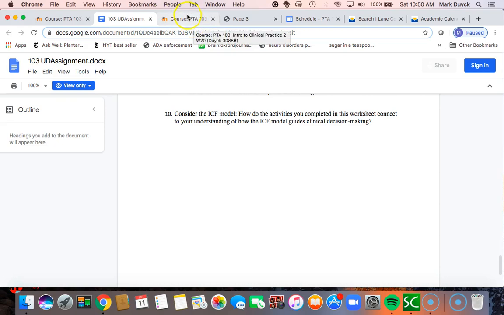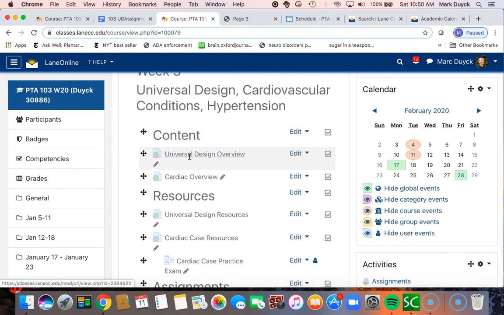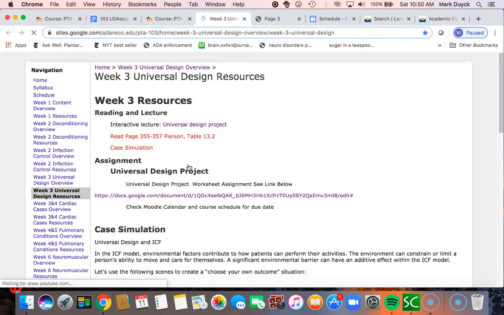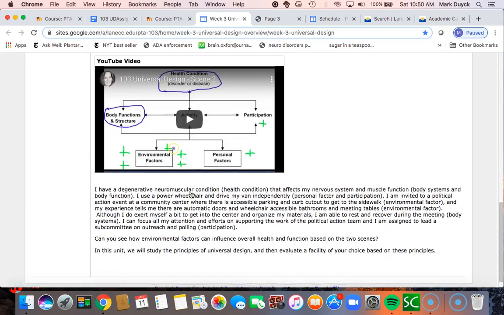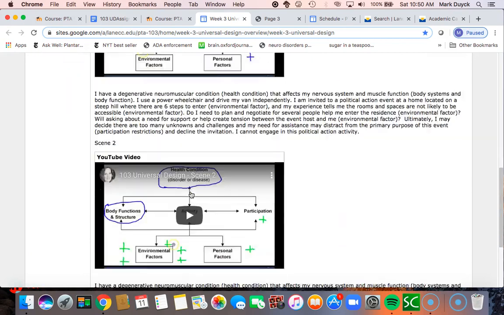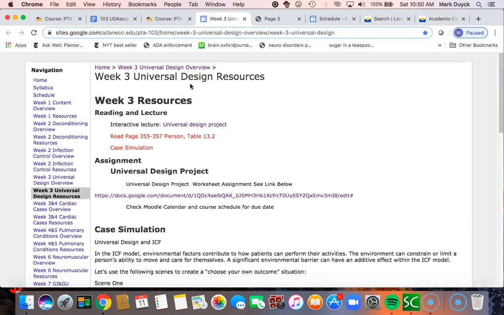The last thing I'll say is to remind you when things are due. This assignment is not due week 3. You have your overview here, and your resources for universal design. You've got some readings and Pearson to help you, and then your worksheet that I just popped up for you. There are also some videos that were put together, so I think you have a lot of good guidance on this assignment.